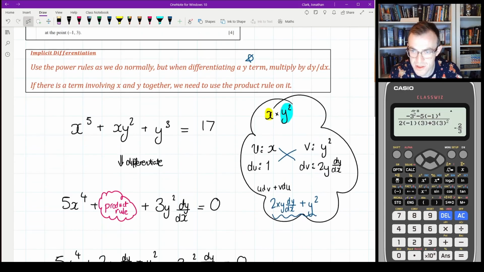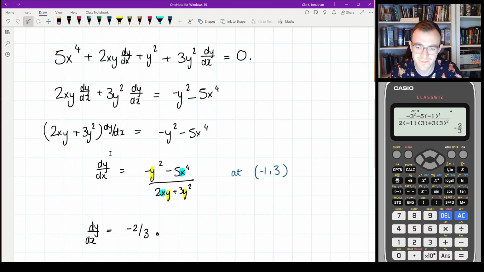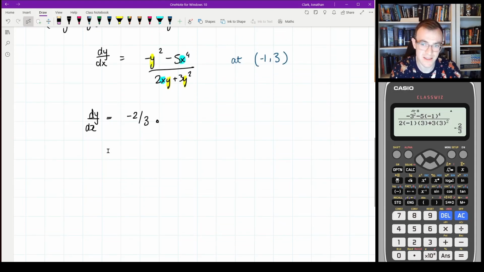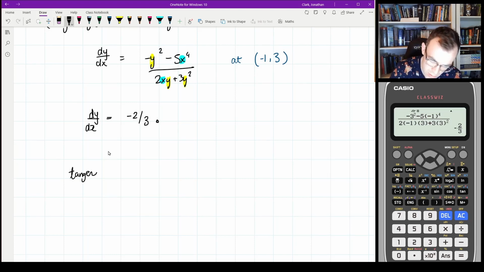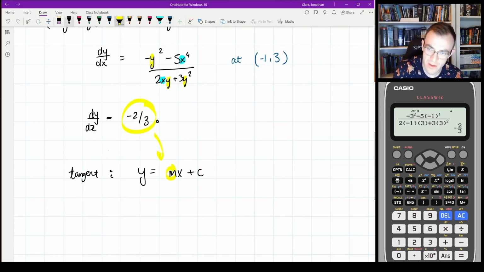It's minus 2/3. I'm trying to find a tangent. So the tangent has that gradient, minus 2/3, at the point. So the tangent will be of the form y equals mx plus c, because it's a straight line, and the gradient is just that there, minus 2/3.